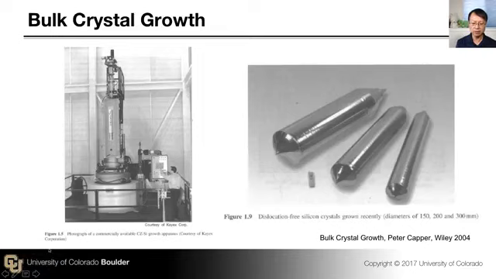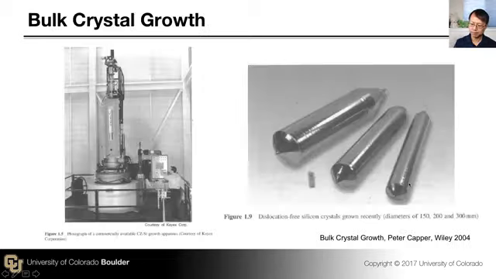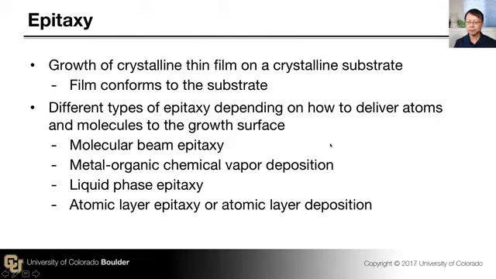Once you make this ingot, then you would cut it into small wafers, and those are typically what we purchase from manufacturers. Now, this is bulk crystal growth.